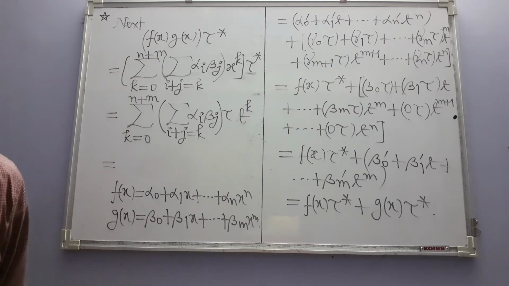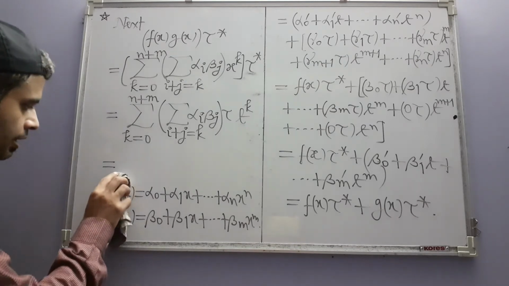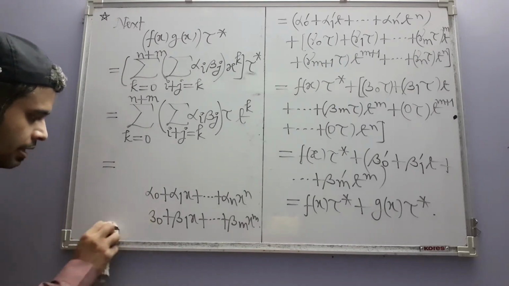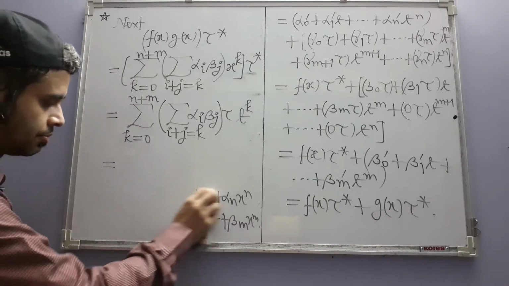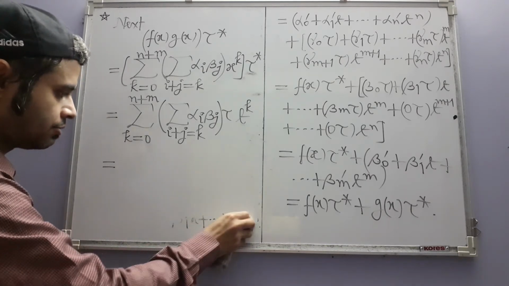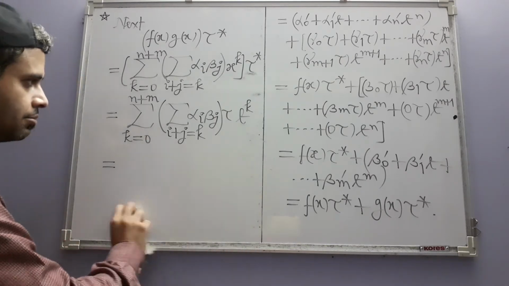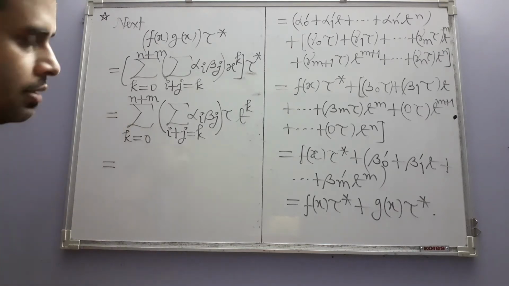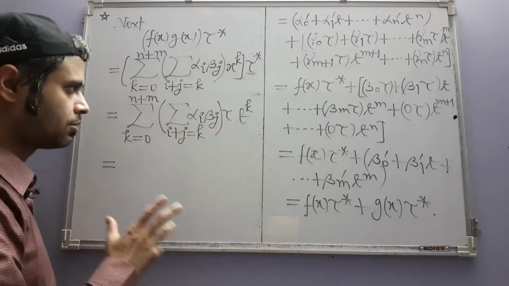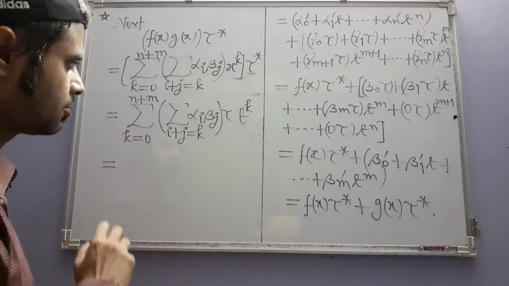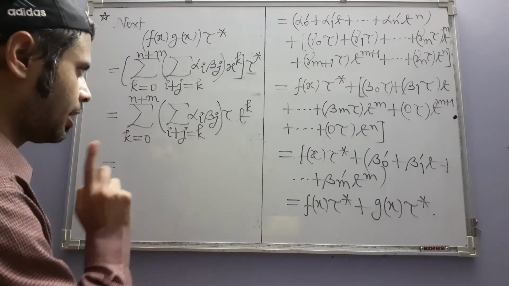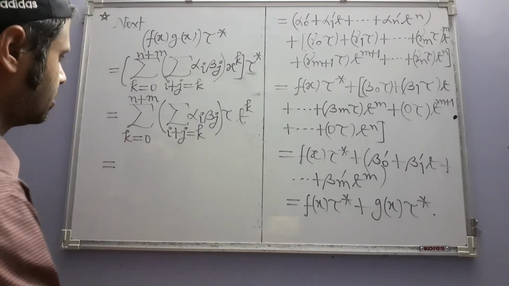Now use the fact that tau is an isomorphism from the field F to the field F prime. In fact, we just simply need the fact here that tau is a ring homomorphism. So tau will respect both addition as well as multiplication.